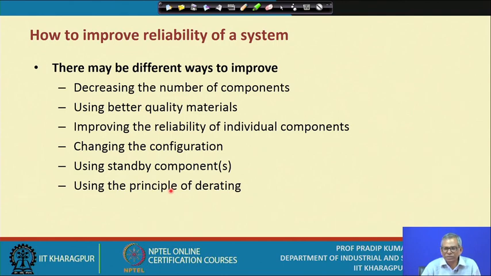There are many cases where if I start working with the process at the highest levels of the process parameters, the risk may be very high. The performance and quality of the item may be very high, but the risk of failure of the system could also be high. So in those cases, we always apply this principle of derating.